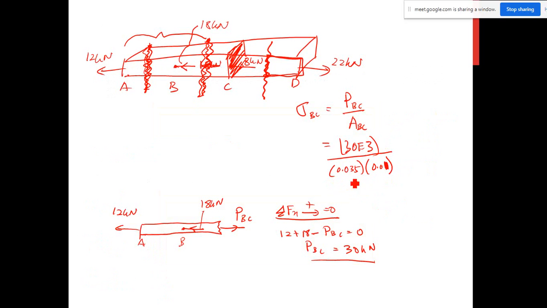So I convert this into meters. What you get here is 30 times 10 to the power of 3 divided by 0.035 divided by 0.01. So we get 85.71 megapascal. That is the sigma average for portion BC, which is the maximum sigma in the structure.